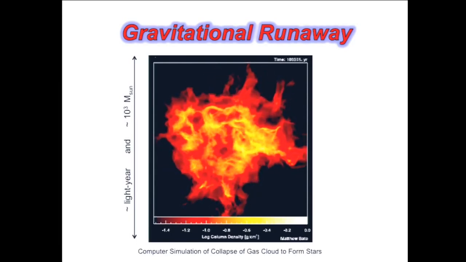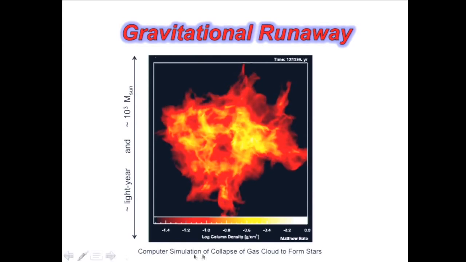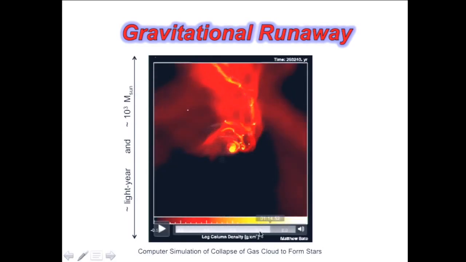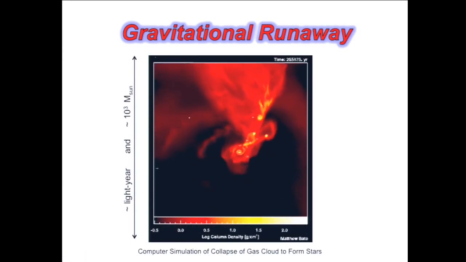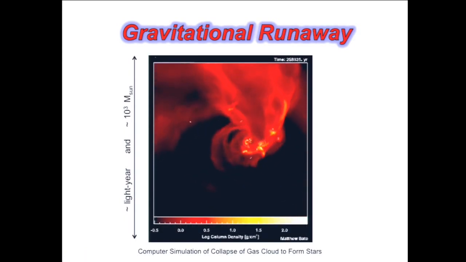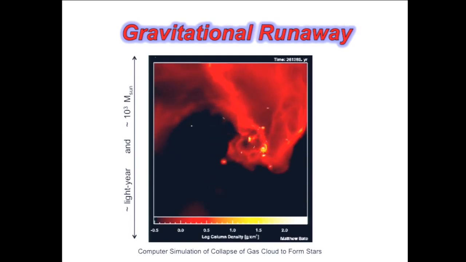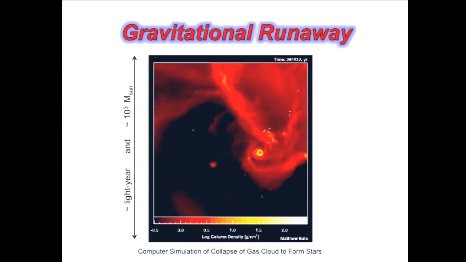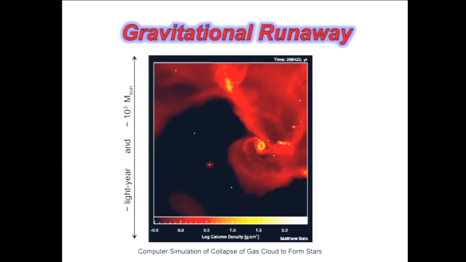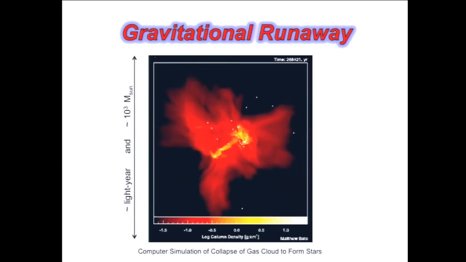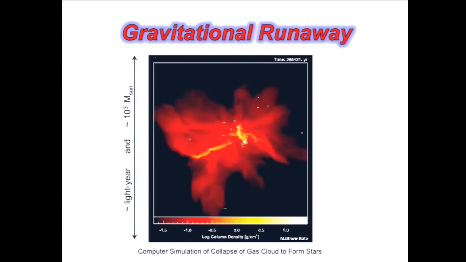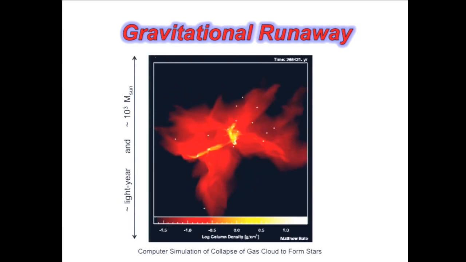Yeah, the question is, does each of those white points later on in the movie represent a star that will have one of these rotating disks around it, and so each of those white points has the potential of becoming a solar system. In this calculation, you can't zoom all the way in and see the actual planets forming.